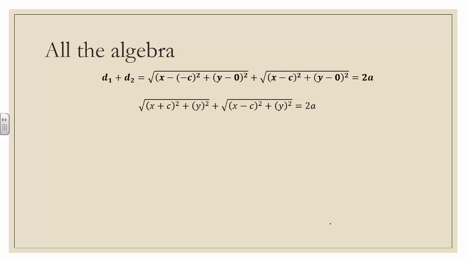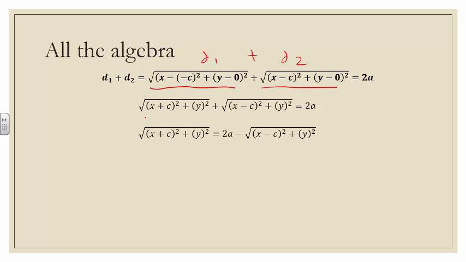Starting with d1 plus d2 equal to 2a, we get the square root of x plus c squared plus y squared plus the square root of x minus c squared plus y squared equals 2a. Now, if you're wondering what happened to the minus 0 for those y squared terms, y minus 0 squared is equivalent to y squared.